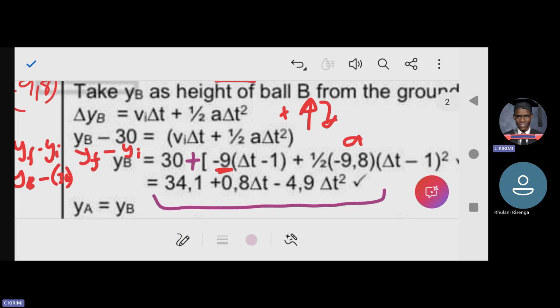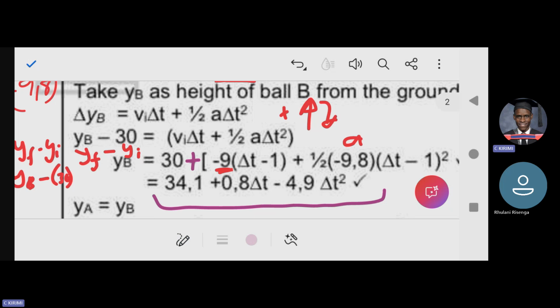You get it? That is the idea. That was the tricky part which you needed to master there.